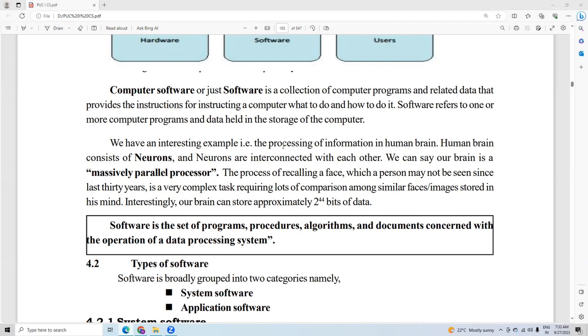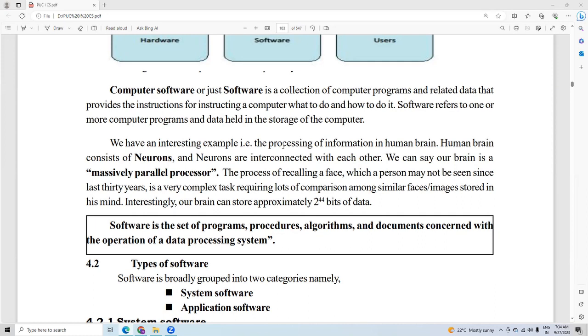Sometimes on the phone they will be asking, can you recognize me? Are you getting how I was? Some points they'll be asking. This is all done by your brain. Our brain can store approximately 2 raised to 44 bits of data.